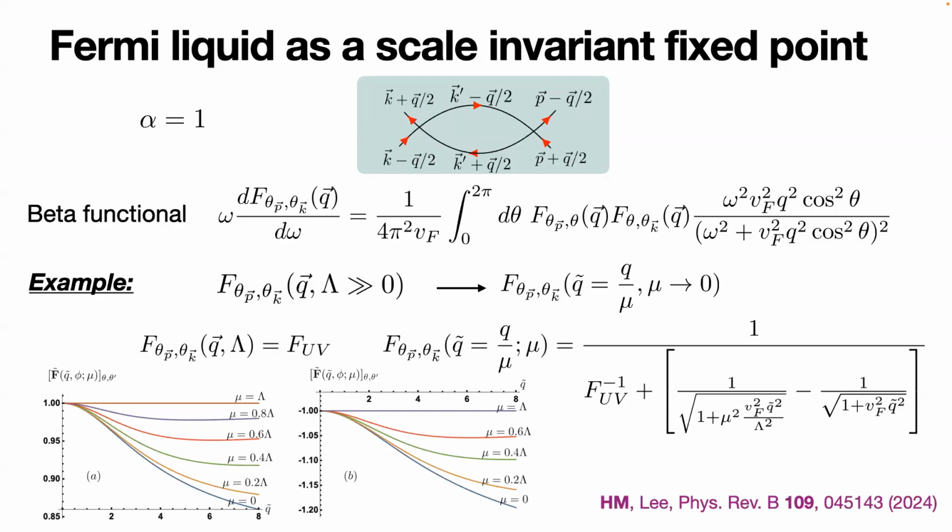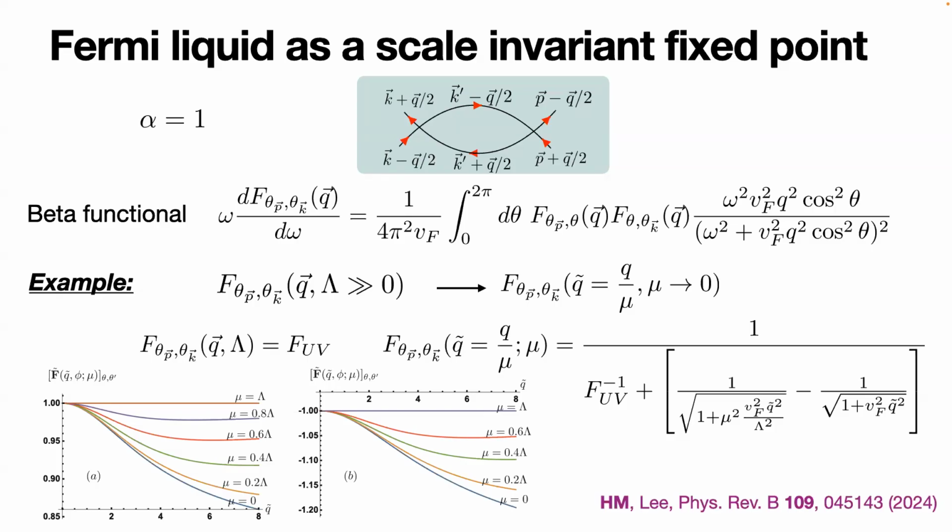It has a non-trivial RG flow, and we can solve this beta function in a certain way. A very simple case is that we set the UV coupling function to a constant. Then as we lower the energy scale, the effective coupling function can have a non-trivial profile depending on the momentum transfer.